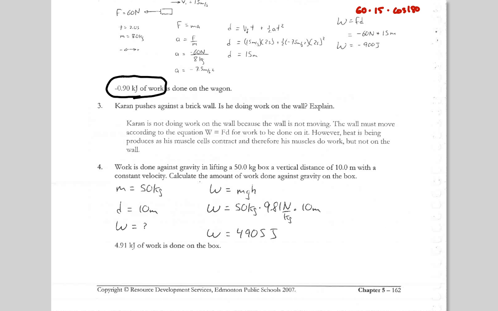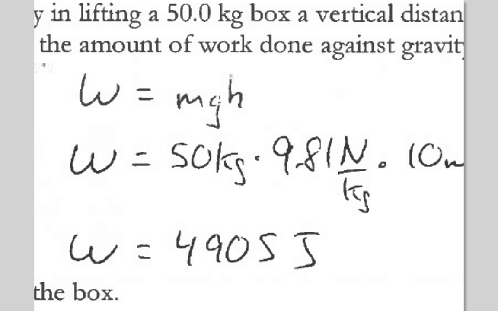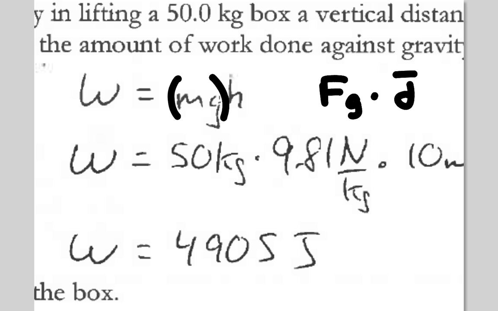Three, we talked about 3. That was one of the non-examples. And 4, I don't like that they're showing 4 already. I don't like that at all. They're giving it away. So, what is mg? Put a bracket around mg. What is mg? Force of gravity. And what is h? Height, which is displacement. So it's still force times displacement. Do you guys recognize mgh?